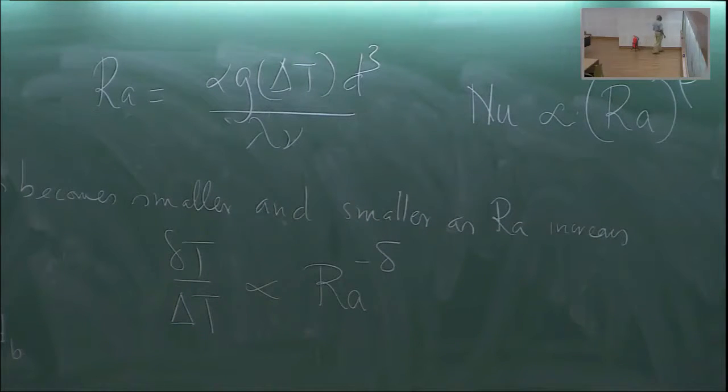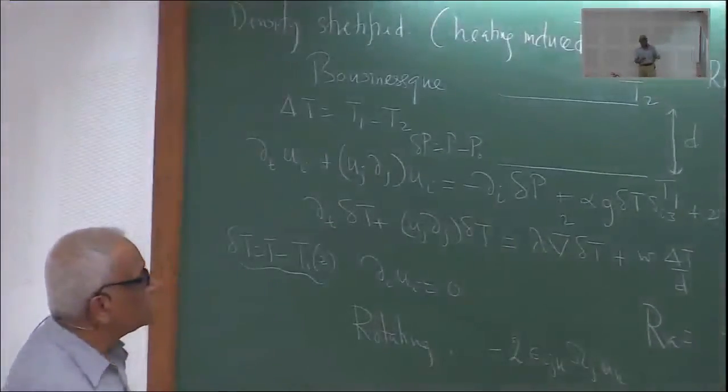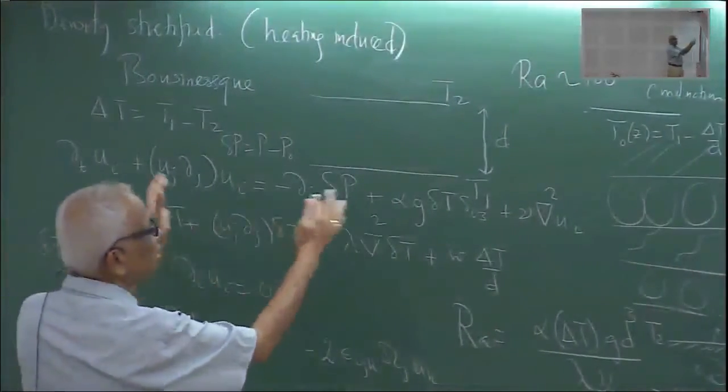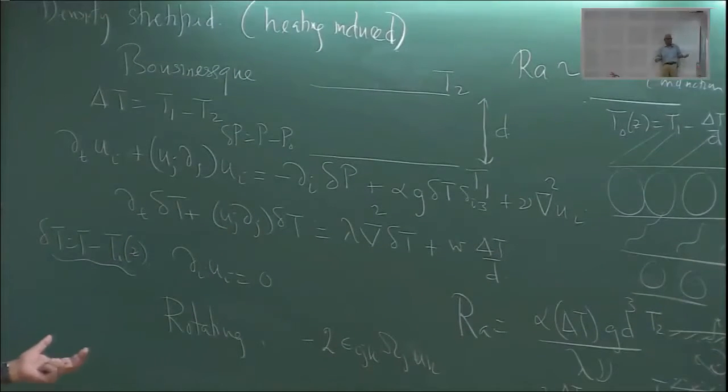I'm supposed to look at this equation over here. If I'm in the business of getting a magnitude for the velocity, then I'm trying to balance terms over here. Assuming it's a statistical steady state, I don't worry about this term over here.